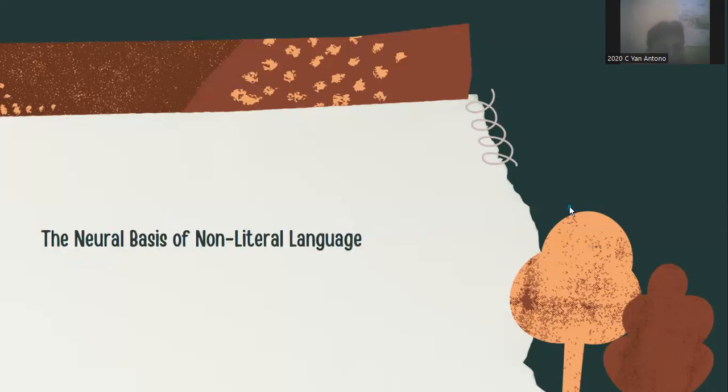And the last one is the neural basis of non-literal language. Research has shown that the interpretation of non-literal language involves the activation of multiple brain regions and neural networks.